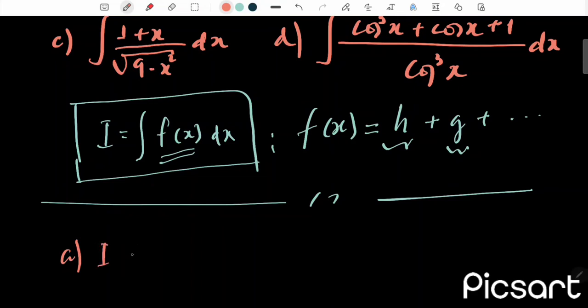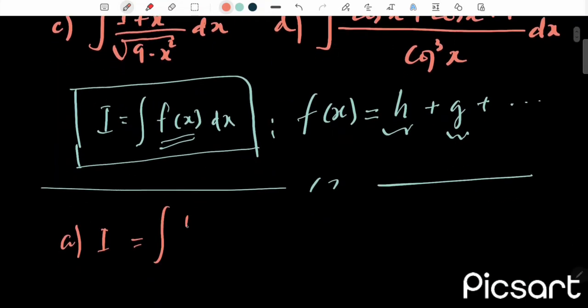A, I equals the integral of (1 plus square root of x) over x d of x.